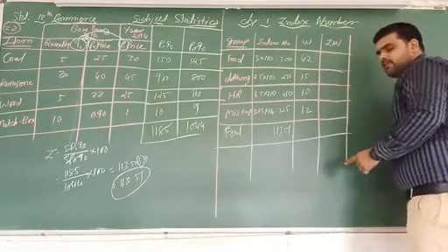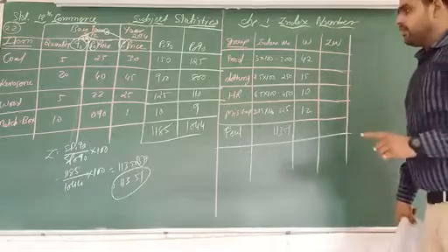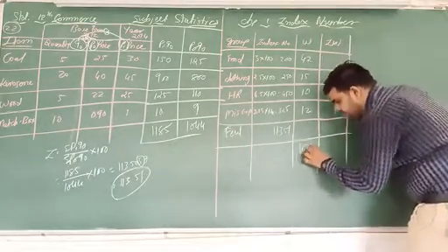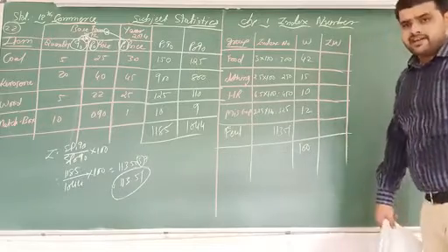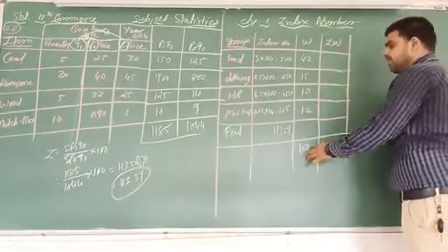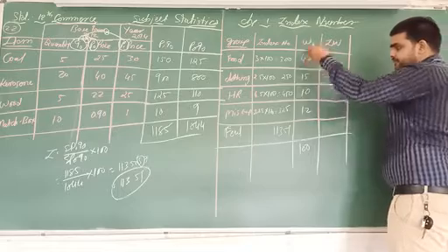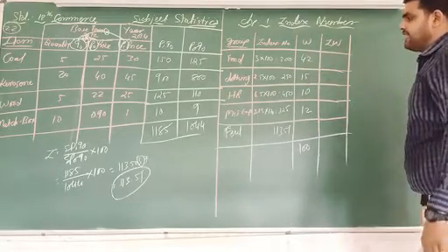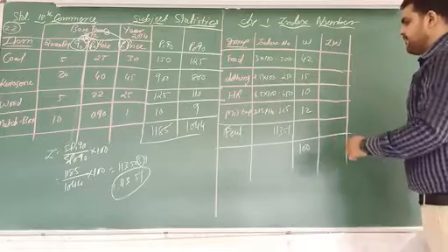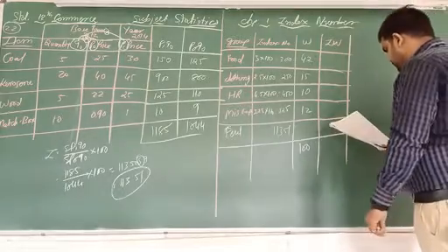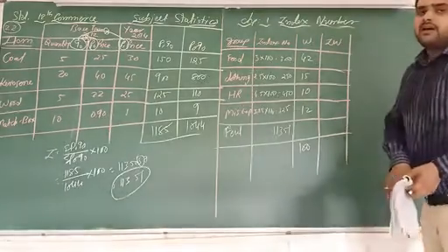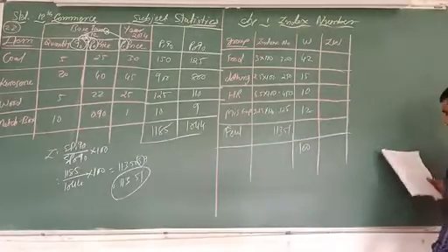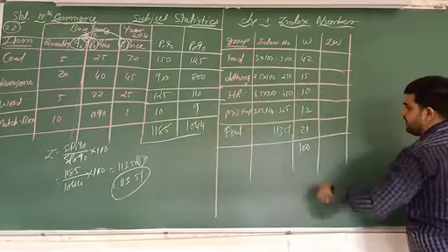But as we know, the weight is given in percentage, and percentage is always 100. So we put 100 here and deduct all the weights given for food, clothing, HR and miscellaneous expense. So we get the total fuel weight, which is 21.